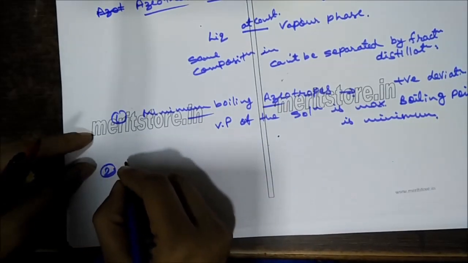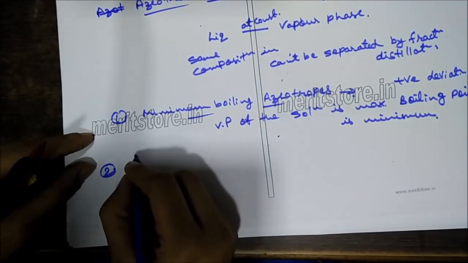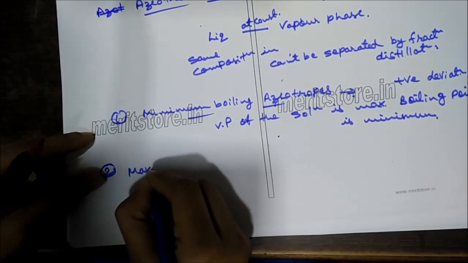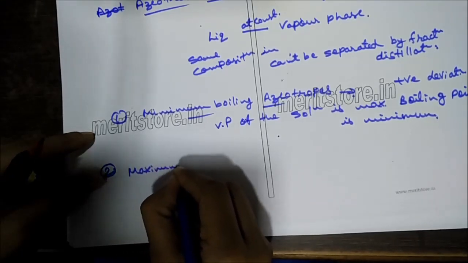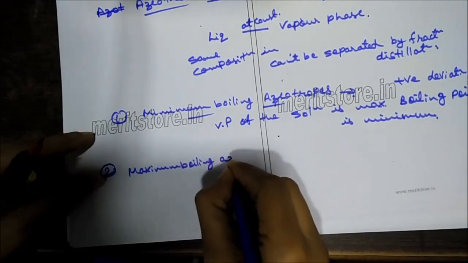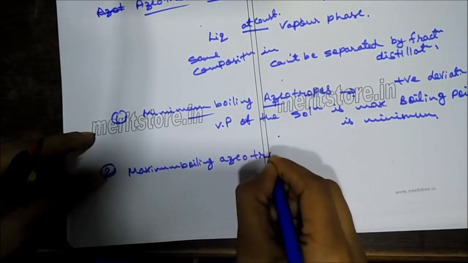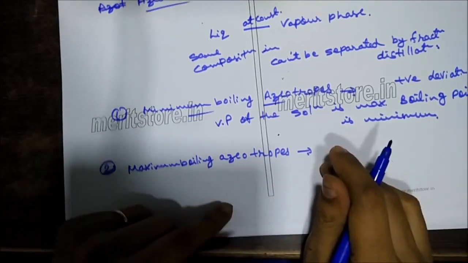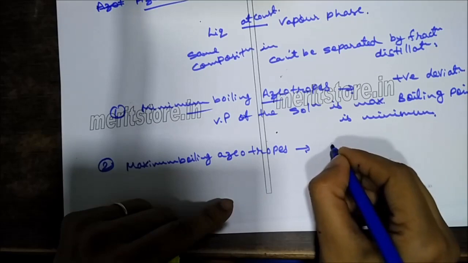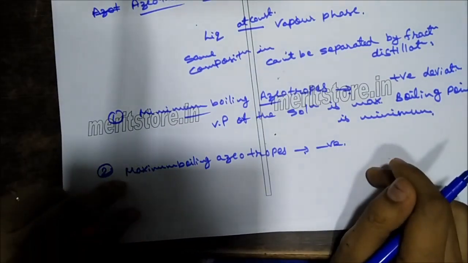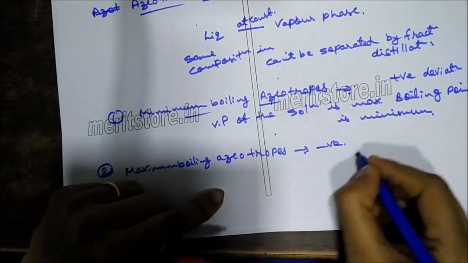But the next is maximum boiling azeotropes. For these mixtures with negative deviation, the vapor pressure is minimum and boiling point is maximum.